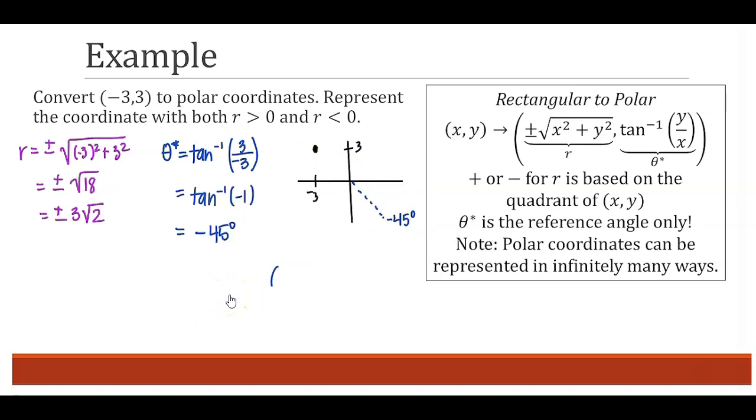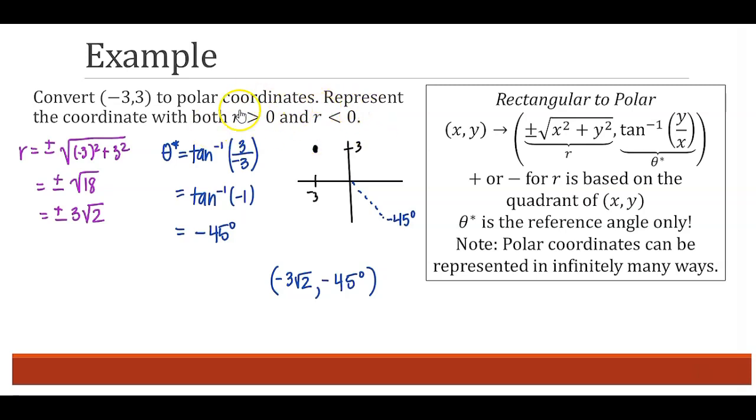If I am going to use negative 45 degrees, or negative pi over 4, then instead of using a positive directed distance, because that would take me down here to quadrant 4, I have to use the negative directed distance because I want to navigate myself up here to quadrant 2. So I have to have negative 3 radical 2 as my polar coordinate, and that's with r less than 0.